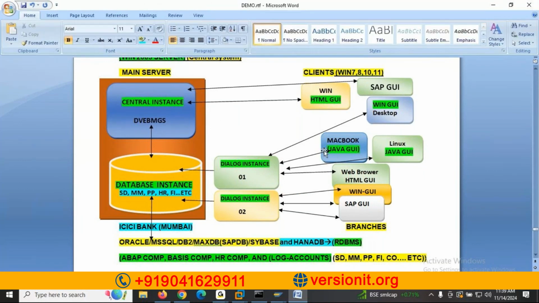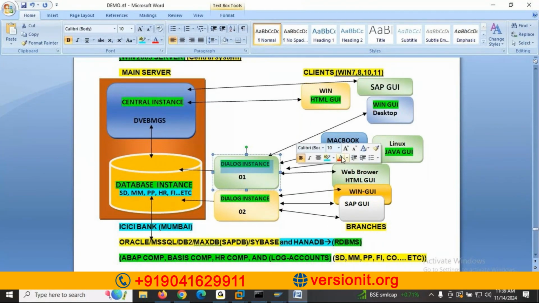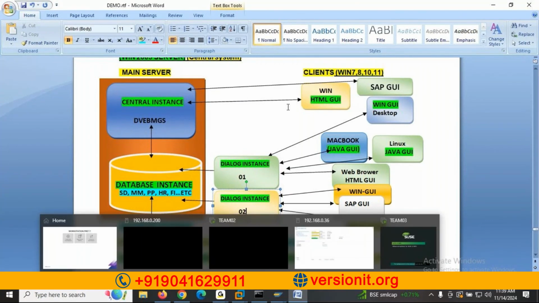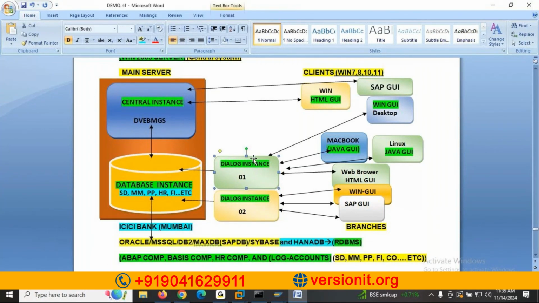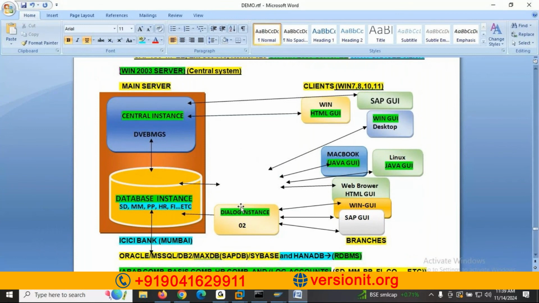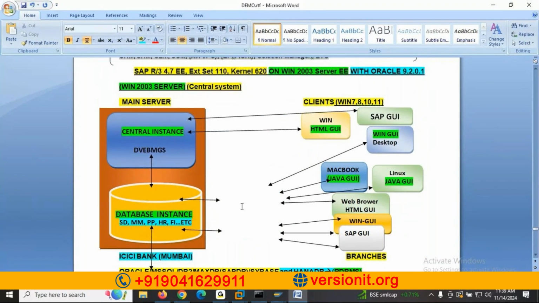You have to have another application with the name dialog instances, wherein these presentations can route from here: dialog instance 1, dialog instance 2, dialog instance 3, dialog instance 4. Now if you don't have much load, then there is no need of dialog instances at all. Clear? Central instance would be happily doing limited presentations work.